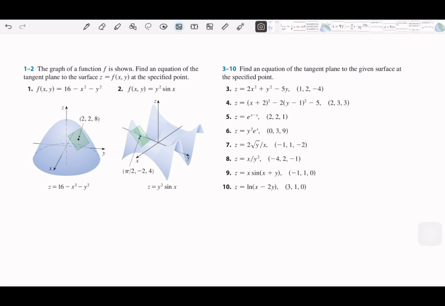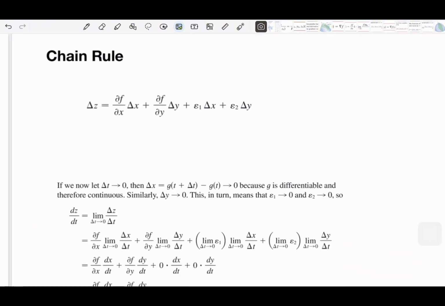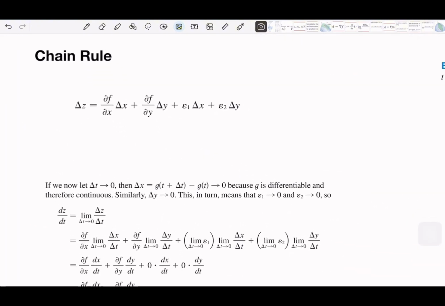But now let's move to the next part, which is the chain rule. The chain rule for functions of two variables or more. So let's start discussing this chain rule.